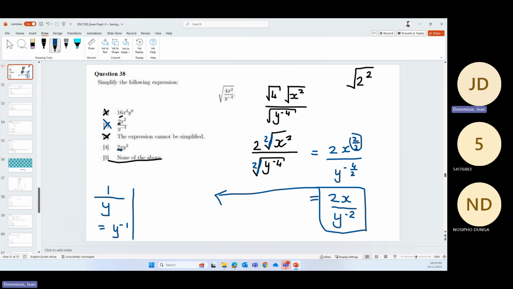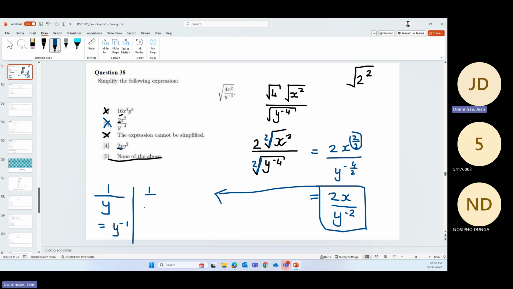So if we have 1 over y to the power negative 1, if we take that to the top, we can rewrite that as y to the power of positive 1. Okay, so what we can now rewrite this to is 2x y to the power of positive 2.